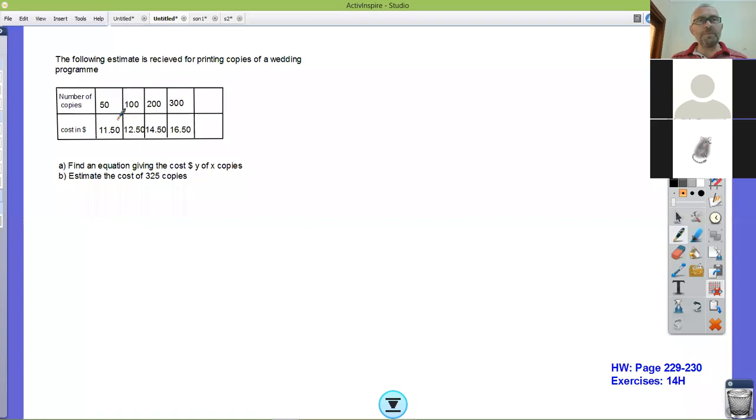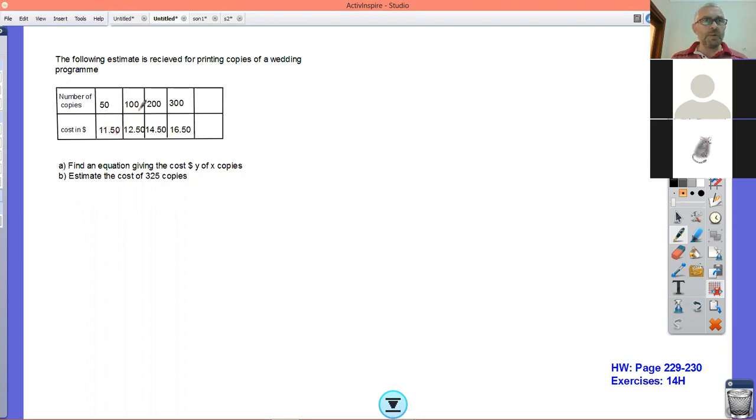Exercise, real life functions. Now here we have an example. The example is on the board. The following estimates are received for printing copies of a wedding program. Here the number of copies is 50, 100, 200, 300. The cost in dollars: if you print 50, you pay $11.50.